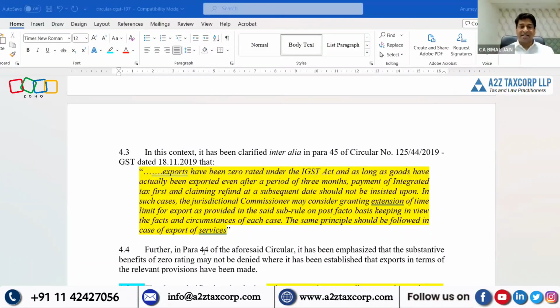In such cases, the jurisdictional commissioner may consider, as against may, they could have written shall, consider granting extension of time limit for export as provided in the said sub-rule on post facto basis, keeping in view the facts and circumstances of each case. The same principles should be followed in case of export of services.